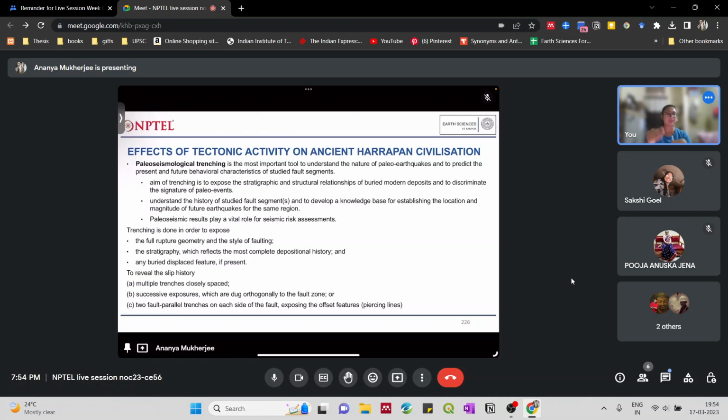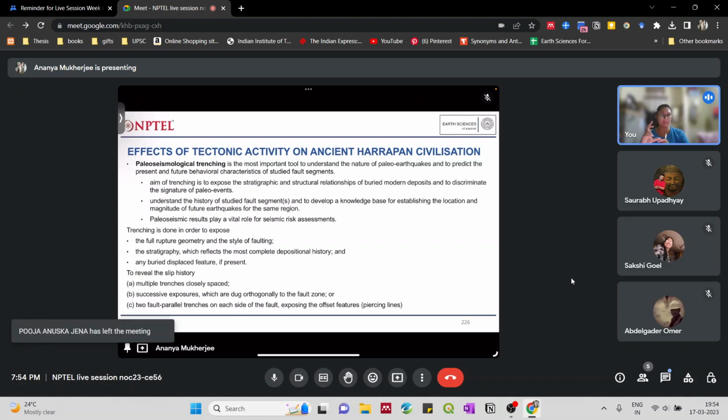Right now, suppose there is no activity, and in the past there has been activity. You can see the variation between them.